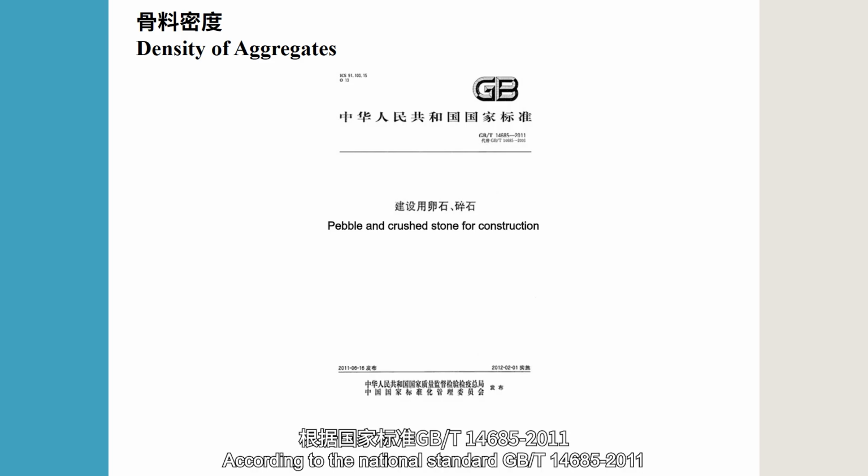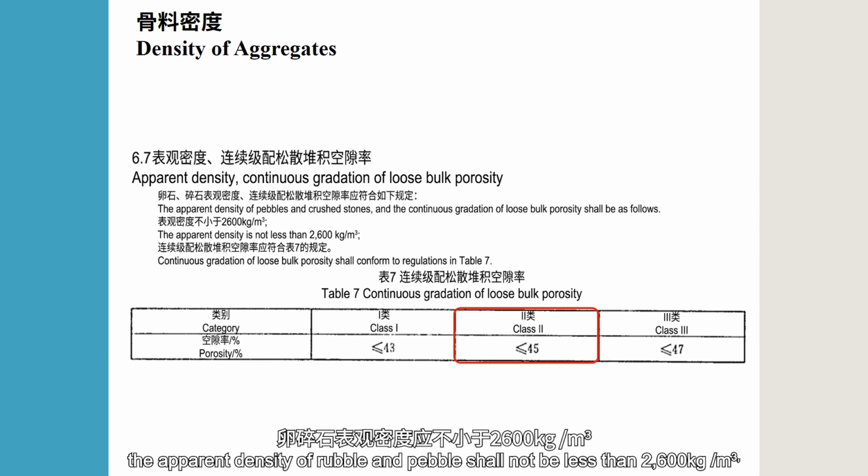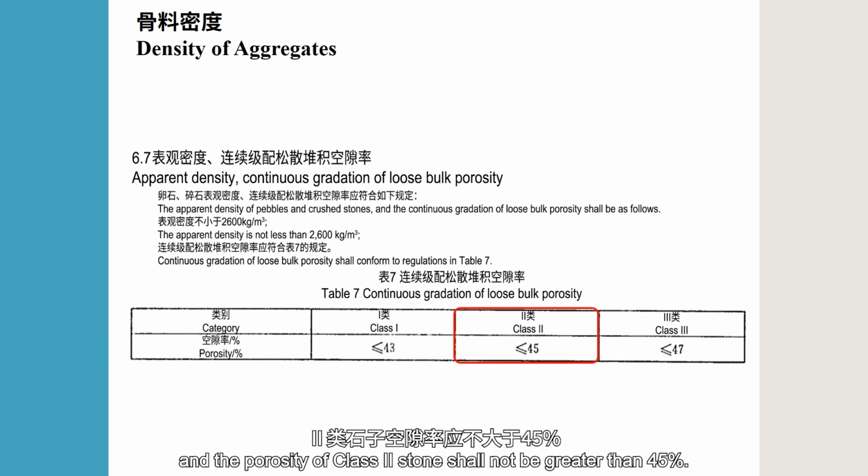According to the national standard GB/T14685-2011, Crushed Stones and Pebble for Construction, the apparent density of rubble and pebble shall not be less than 2,600 kilograms per cubic meter, and the porosity of Class II stone shall not be greater than 45%.